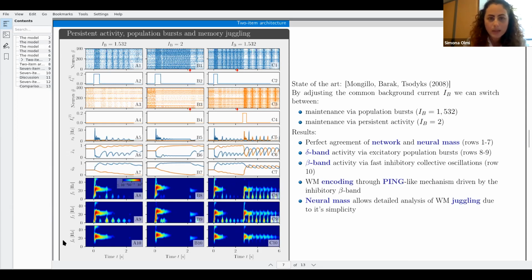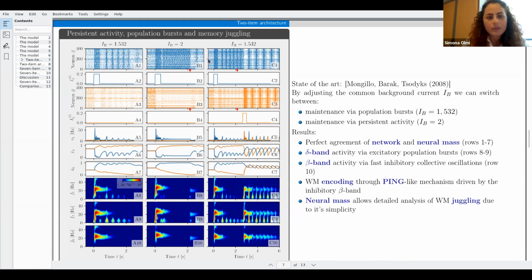So the working memory that we observe is due to a PING-like mechanism that is driven by the inhibitory beta band. In addition, this neural mass model also allows for a competition between memory items, as you can see here, which is usually called memory juggling.